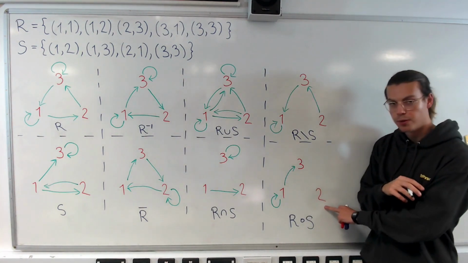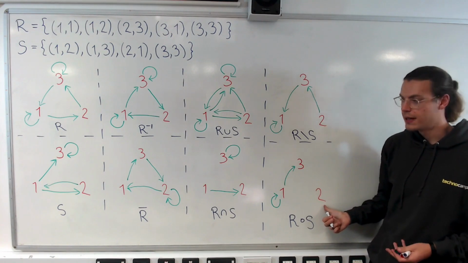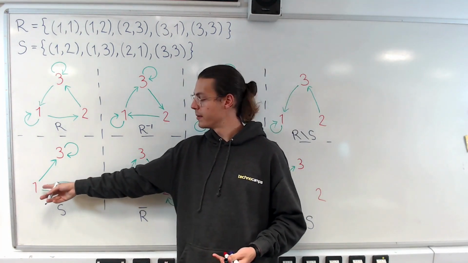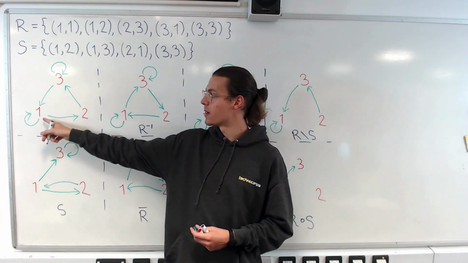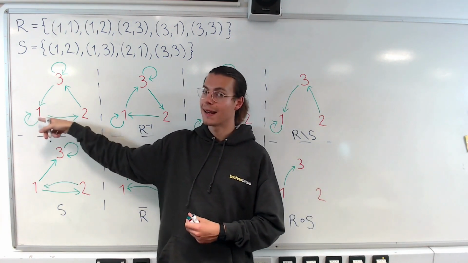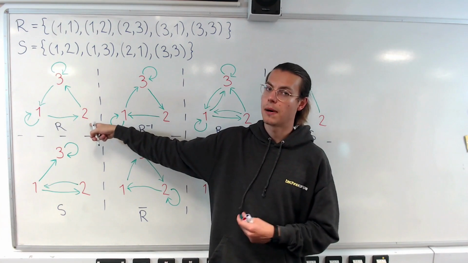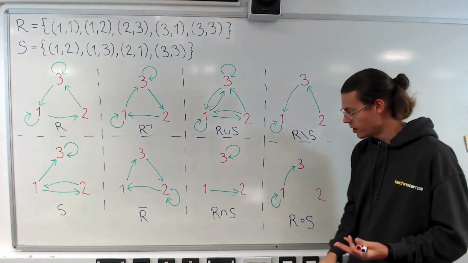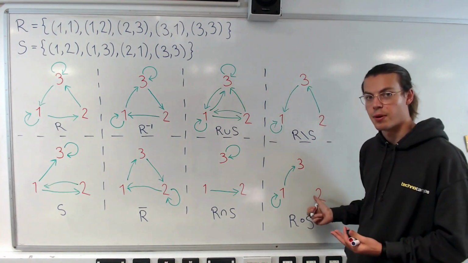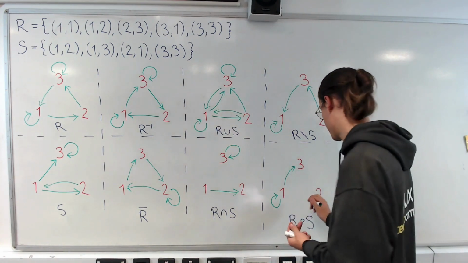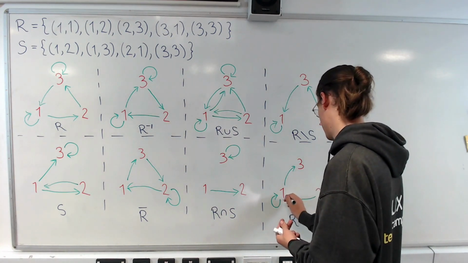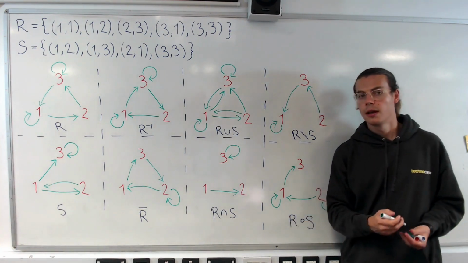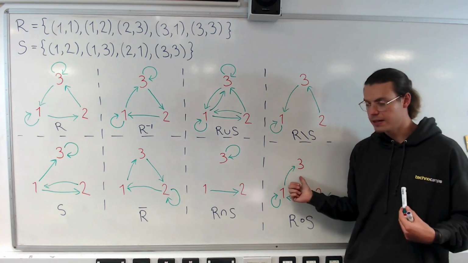Let's move on to 2. 2 is related to 1 by S, and then 1 is related to both 1 and 2 by R, and so in the composition 2 will be related to both 1 and 2. And finally, let's look at 3.